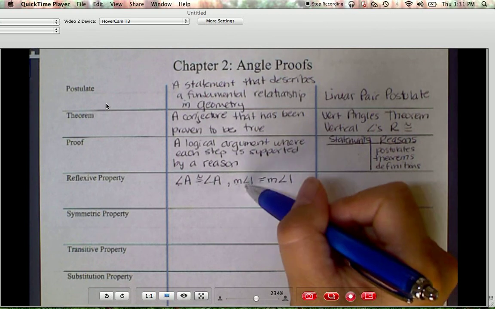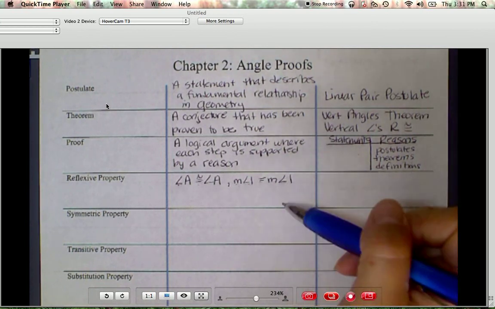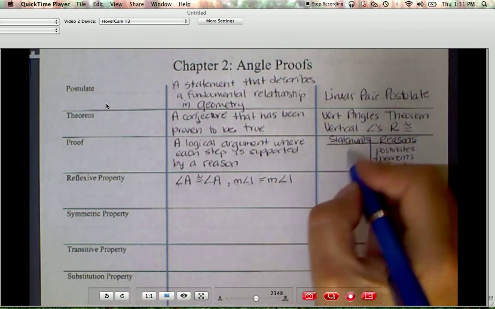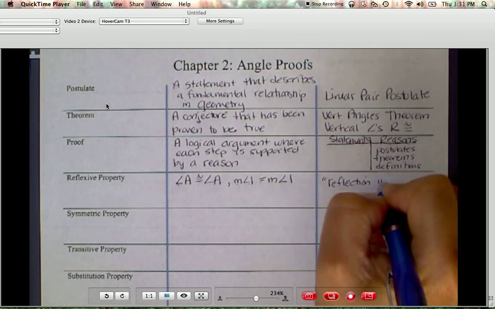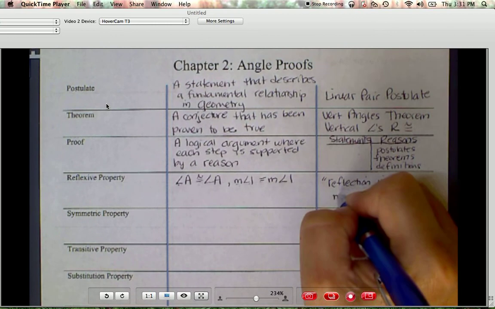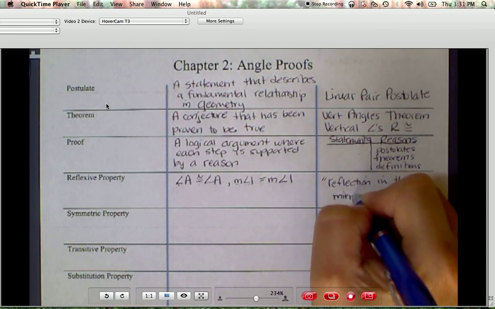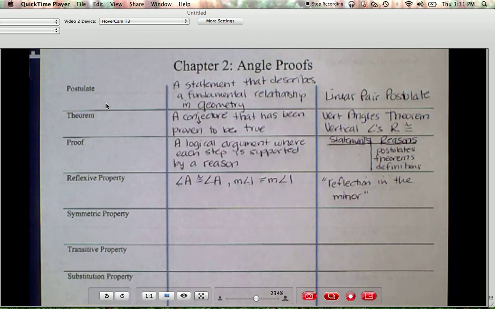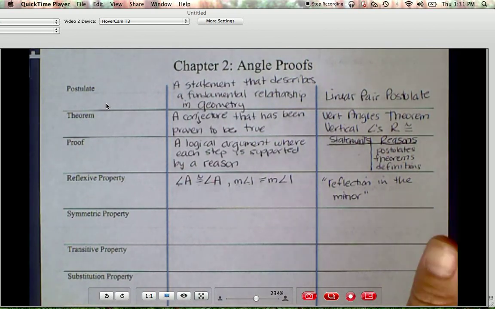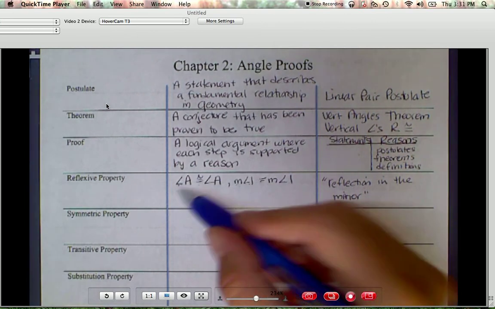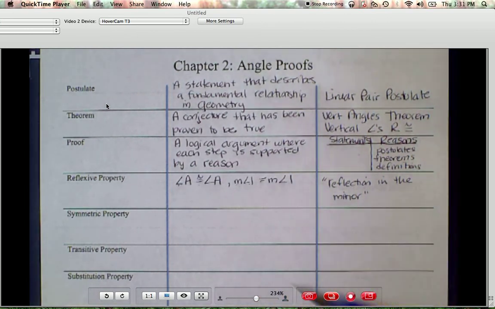The measure of this angle is equal to the measure of this angle. So you want to think about your reflection in the mirror because it looks exactly the same. All right, you don't stand in front of the mirror with a green dress on and see yourself in a red dress. So reflexive should be pretty easy. It's exactly the same on both sides.